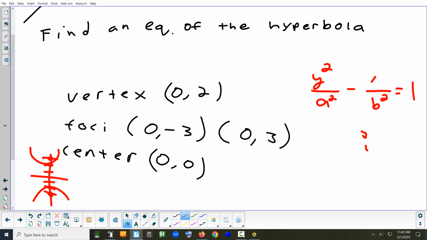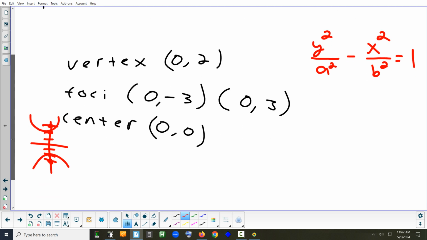And second? x squared. Perfect. Okay, we have to make our table for a, b, and c. What's a in this case? 2, center to vertex. What's b? 3.